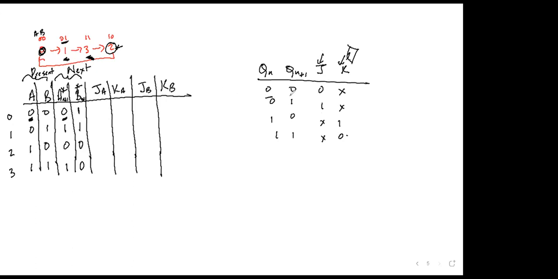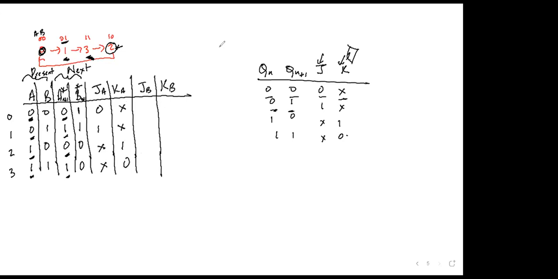We're looking at our table, that's 0, don't care. What about 0 and 1? When we look in the table, 0 to 1 is 1, don't care. Transition from 1, it's going to go to 0. 1 to 0 is don't care, 1. And 1 to 1 is don't care, 0.